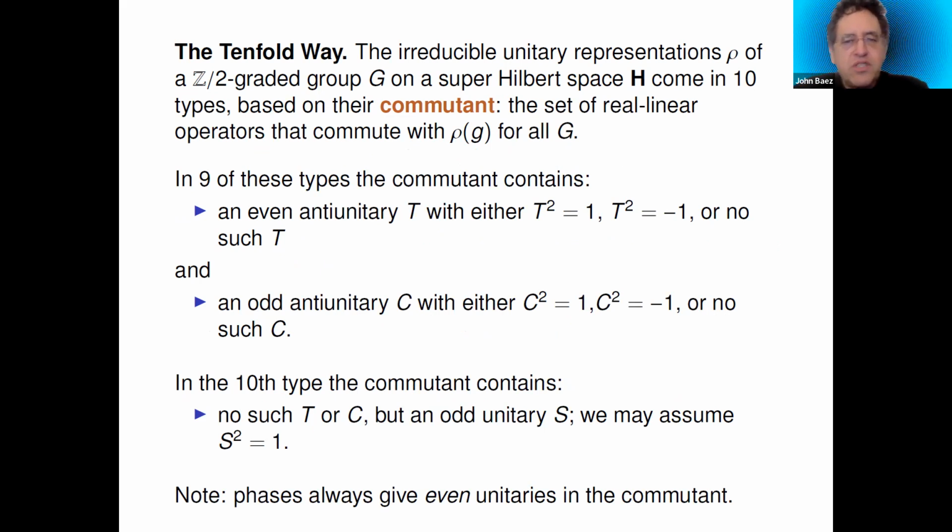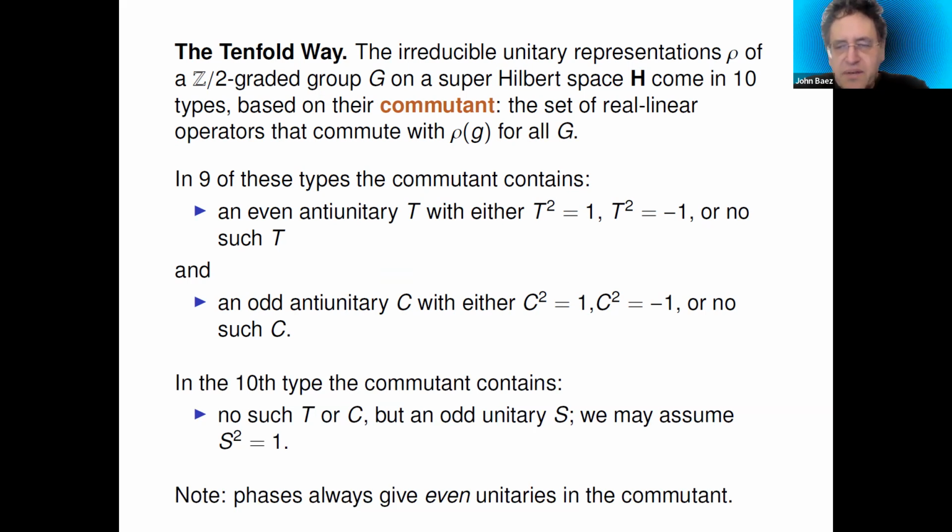So we look at irreducible unitary representations of a Z mod 2 graded group on a super Hilbert space. And what we do is we take such a thing and look at its commutant, by which I mean the set of real linear operators that commute with all the unitary transformations in our group action.